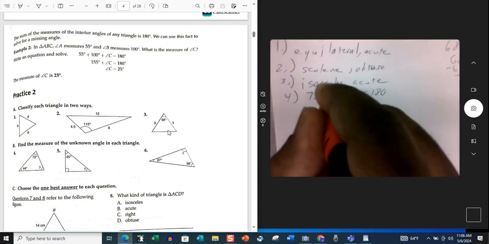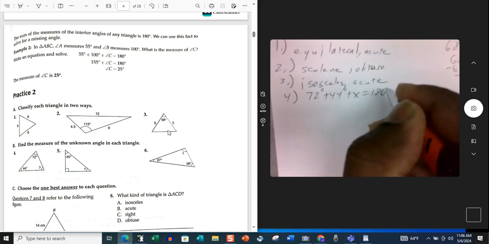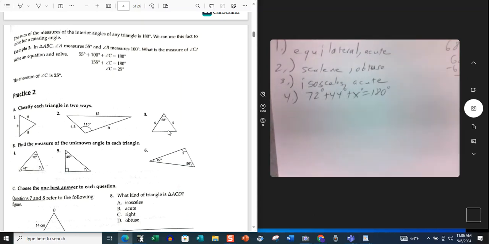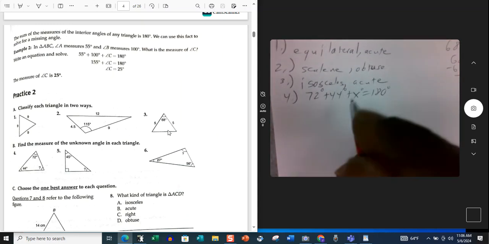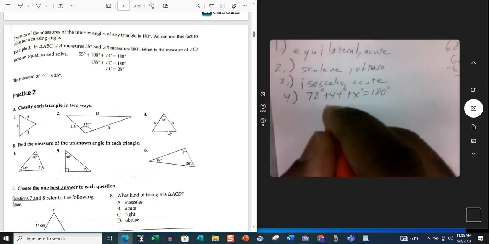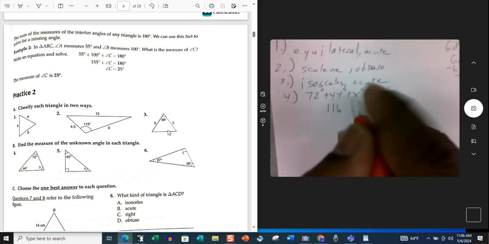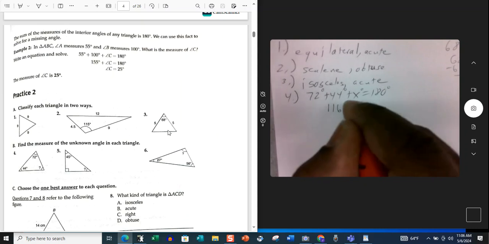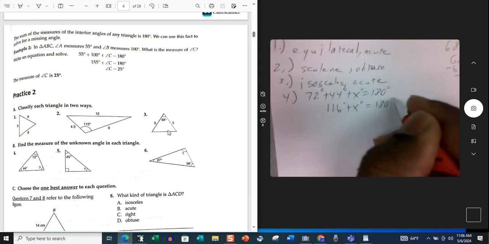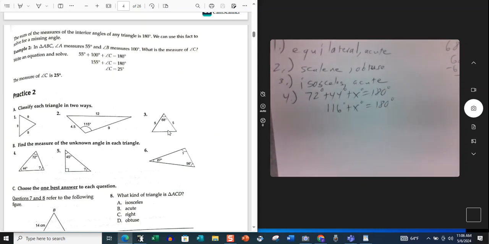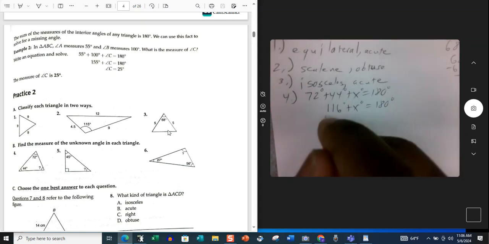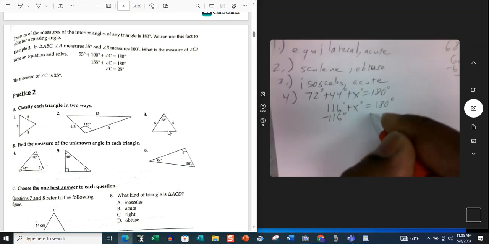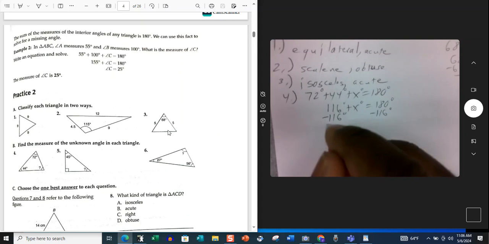Now, I'll put the degrees here, but typically I wait to the end of the problem to put the degree symbol there. So 72 and 44 is 116. 116 degrees plus x degrees is equal to 180. We'll subtract 116 degrees on both sides.